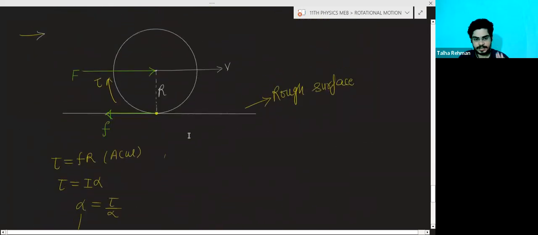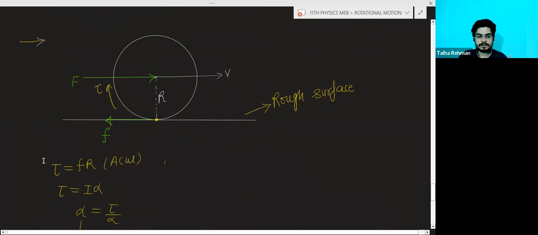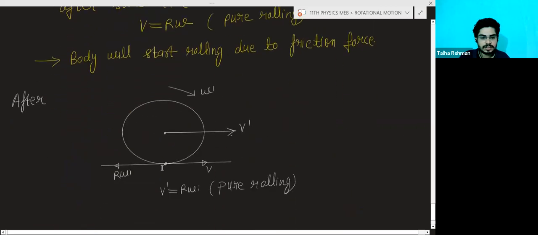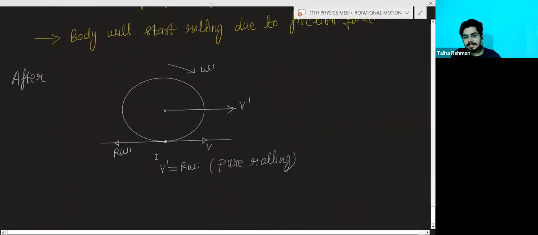See, from the start, due to this friction there will be a torque, and we know that torque is equal to I into alpha, meaning due to torque there will be angular acceleration, and due to angular acceleration there will be an increase in the angular velocity. After some time the angular velocity will increase to, suppose, omega dash, and v dash is equal to r omega dash, meaning pure rolling will start, meaning this point of contact will be at rest.